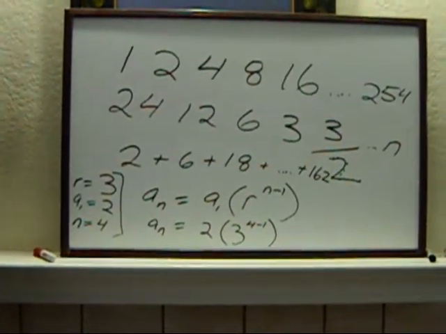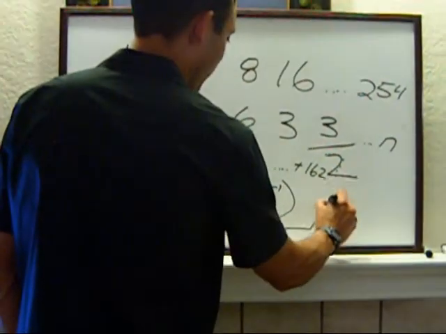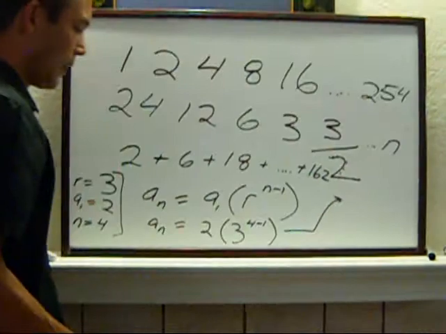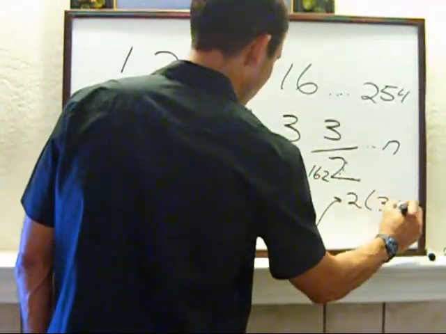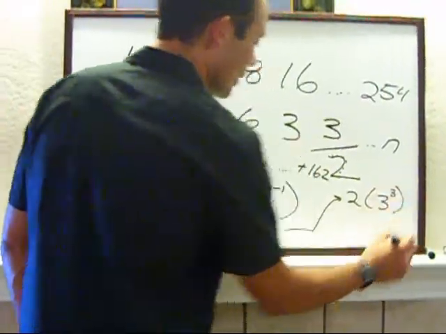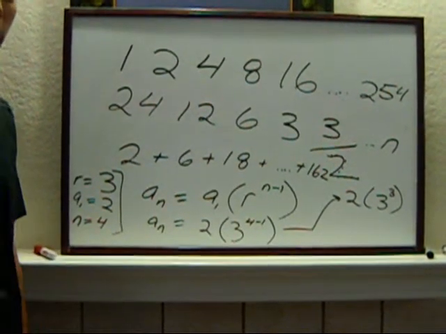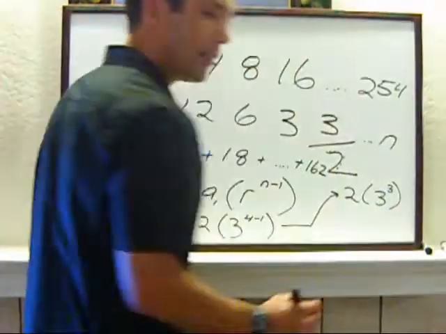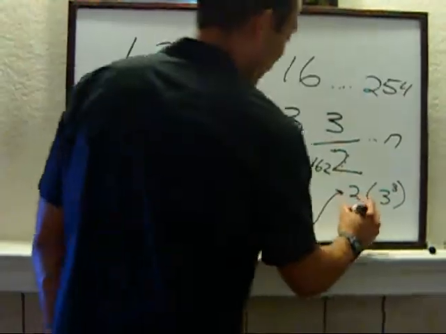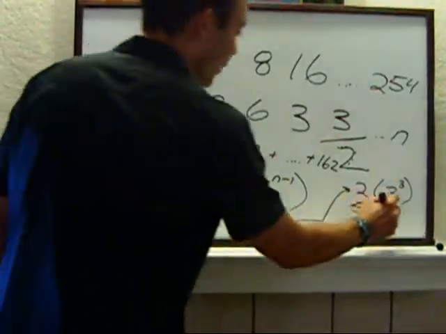Are we making sense so far? Yeah. Okay, we're running out of space here, so let's go over here. That's going to be 2 times 3 to the power of 3. Now, what is 3 to the power of 3? That's 3 times 3 times 3, which is 27. So 2 times 27, we all know that number is 54. And that is our answer.